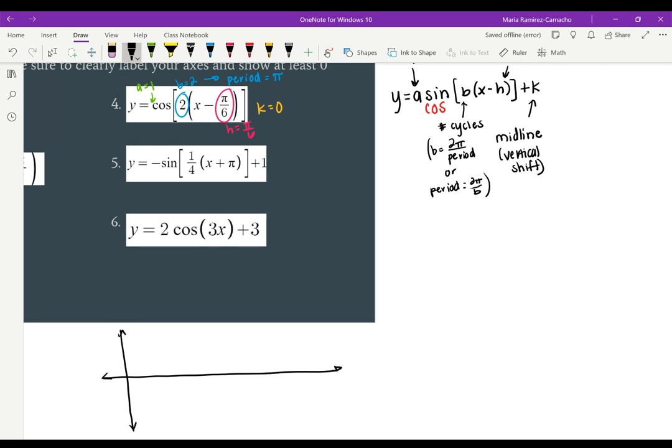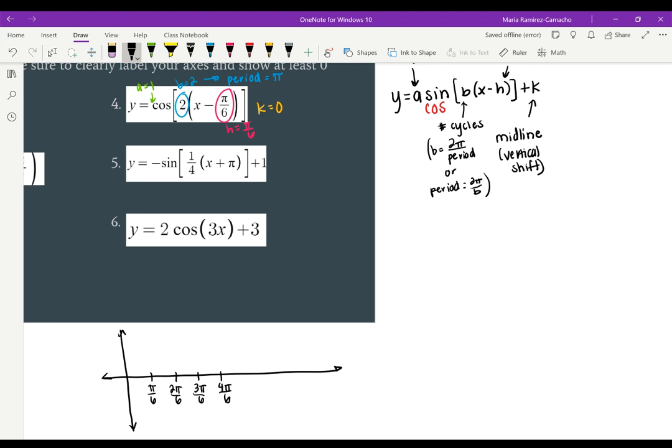Okay, because I am shifting over pi over 6 radians, let's scale the x-axis in increments of pi over 6. So pi over 6, 2 pi over 6, 3 pi over 6, 4 pi over 6.